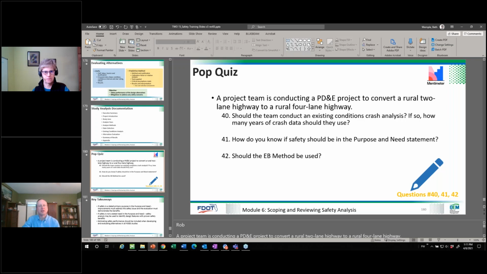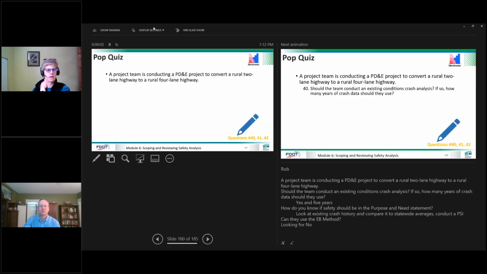Okay, I did. So, project team is conducting a PD&E project to convert a rural 2-lane highway to a rural 4-lane highway. So, we've got some questions. I gotta get this, I screwed this up.